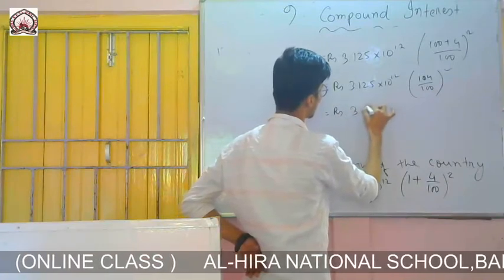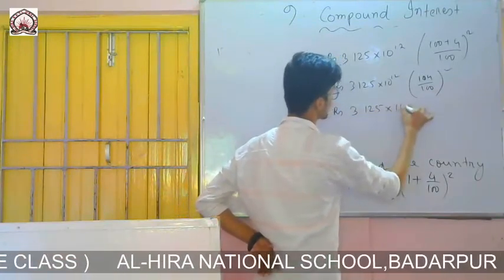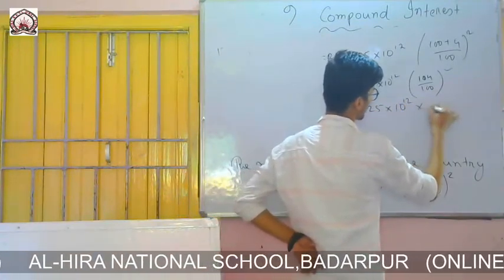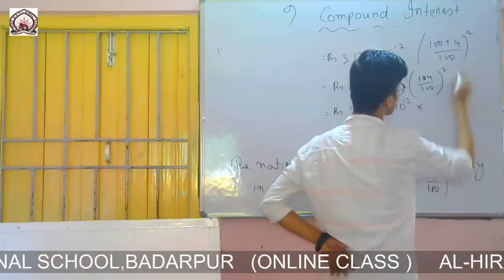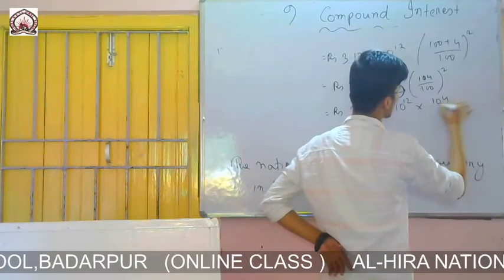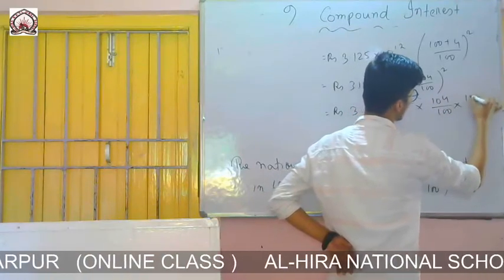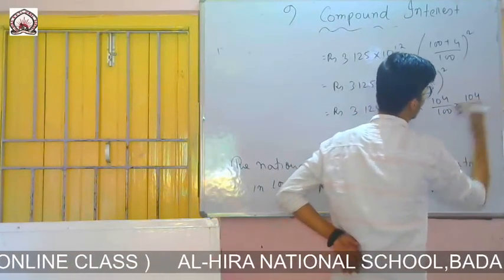Rupees 3.125 into 10 to the power 12, and this one I can write as, since square is there, I have to write this one 2 times, 104 by 100 into 104 by 100.